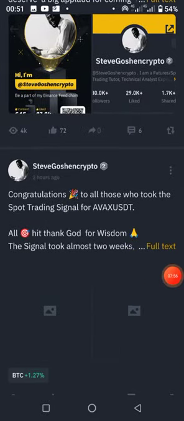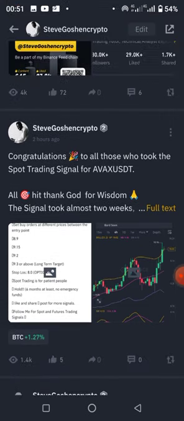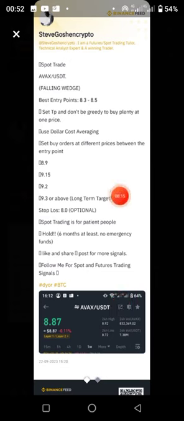So let's see. So for the spot trade I gave, I think 14 days ago, about 14 days ago on AVAX. You see, this is the evidence. I gave them a trade and it has pumped. You can see it actually pumped. I gave them the buy area was 8.3 to 8.5.